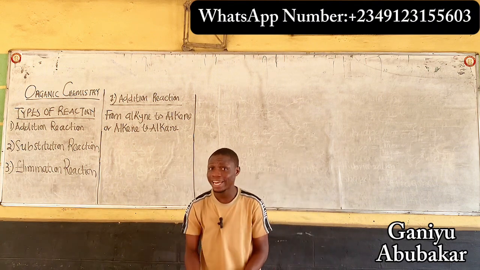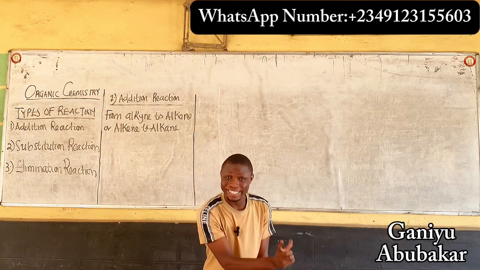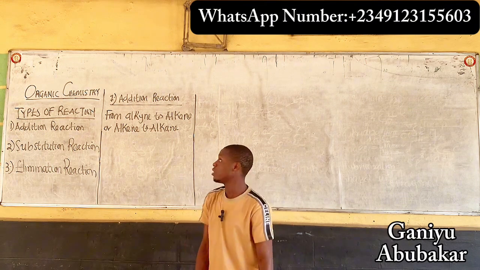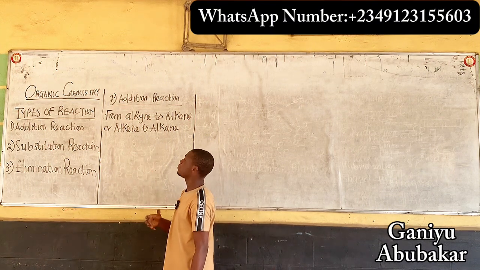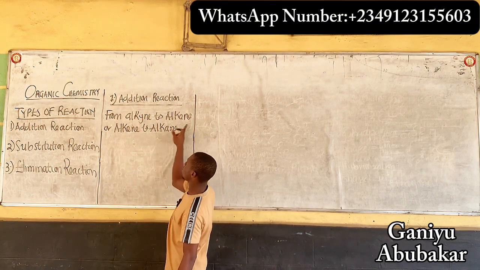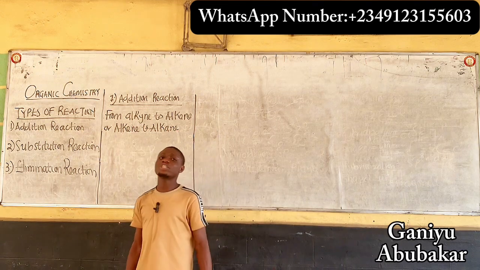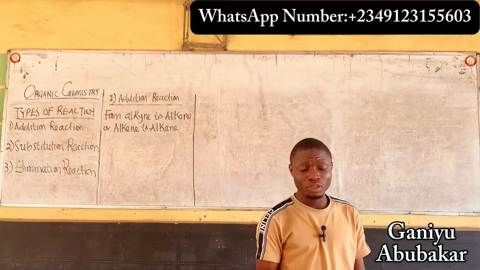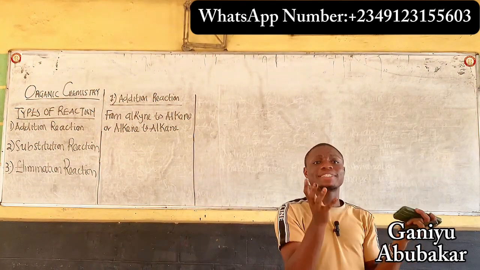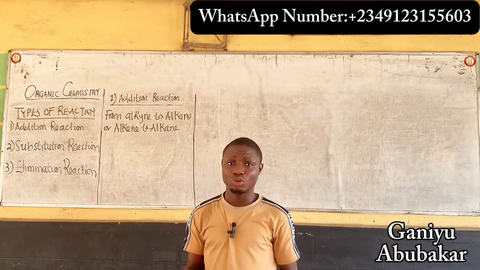Addition reaction. That is, if a compound is moving from alkyne to alkene, or from alkene to alkane, it is said to be a what? The addition reaction. Moving from a complex to a smaller hydrocarbon structure, please.